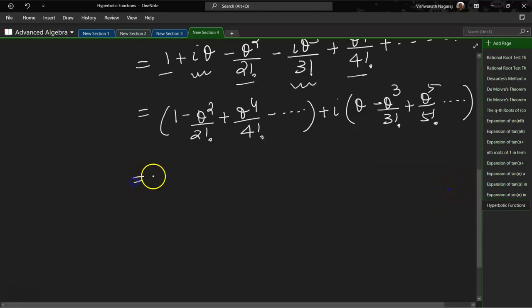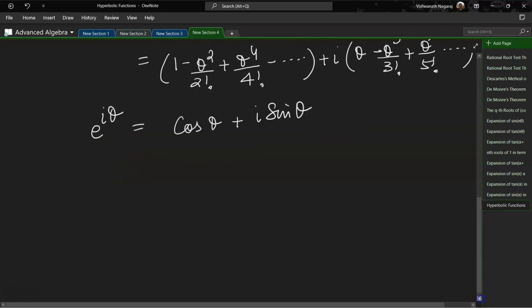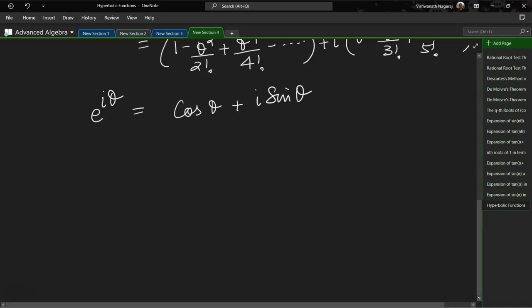Okay, now what is this? This is nothing but cos theta plus this is what? Sin theta. So that means e to the power of i theta is equal to cos theta plus i sin theta, which we are very familiar with from our previous sessions, right?